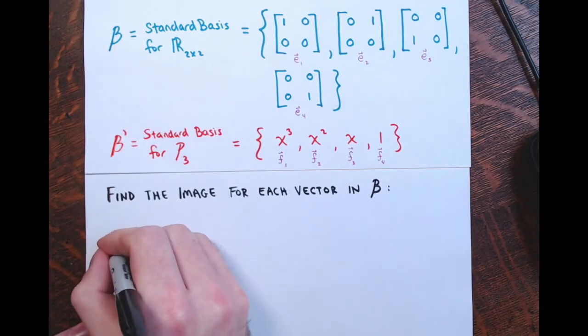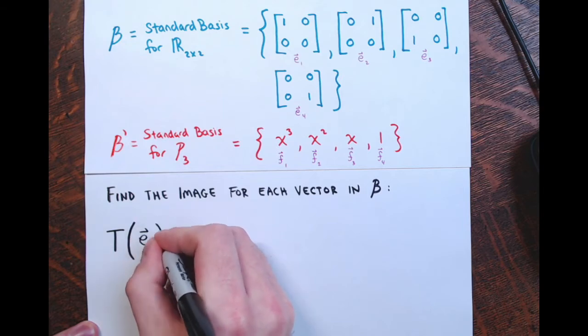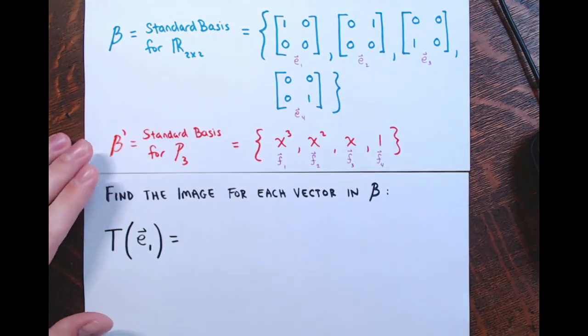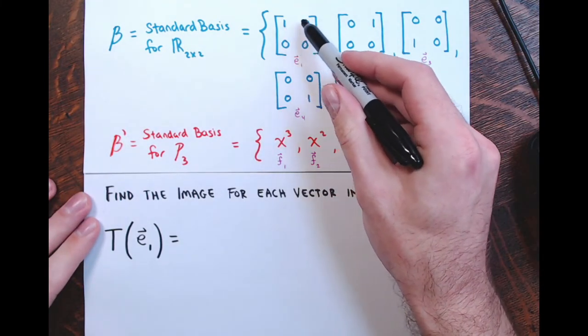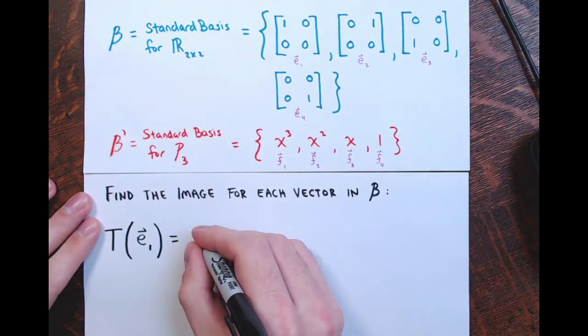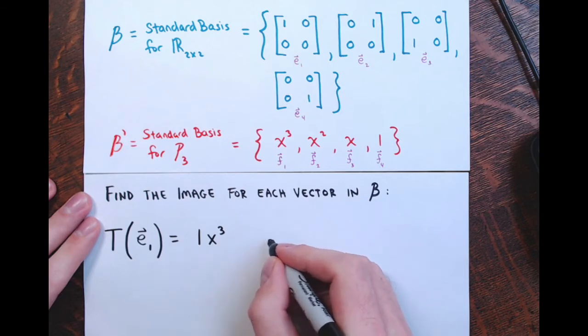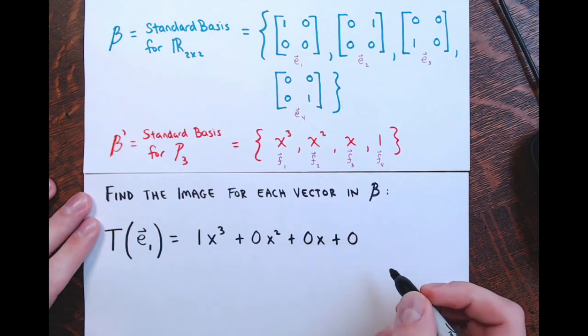Alright. So what's T of E1? Alright, so again, I just called this E1 because I didn't want to write it again. So T of E1, 1, 0, 0, 0, would be just 1x cubed, right, plus 0x squared plus 0x plus 0.